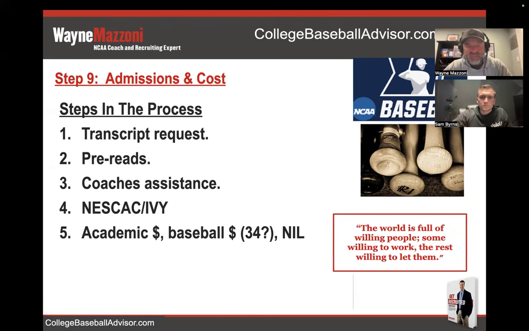Secondly, and I'm going to go over this very quickly, but it's important to know, if you or your son is an Ivy League level student or NESCAC, the highest academic conferences, you should Google the academic index. There's a formula called the academic index that you can research, that those conferences use in order to keep recruiting fair school to school.